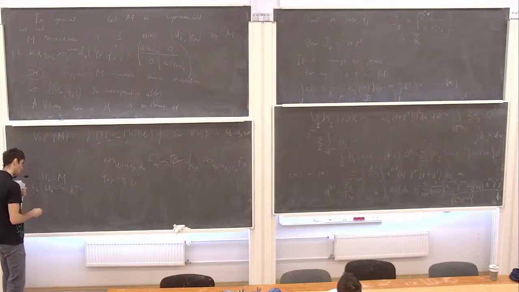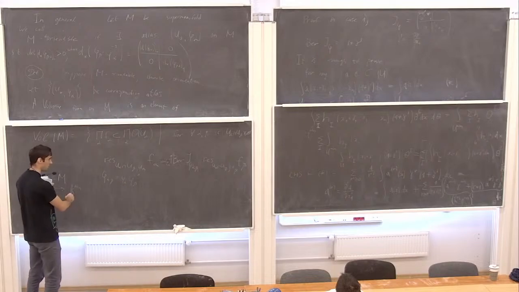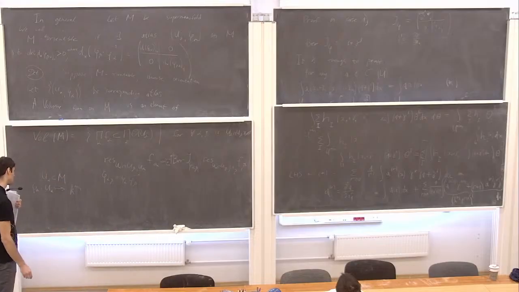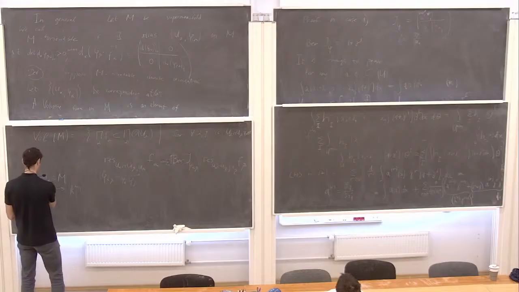Then indeed, this is a function on K^{m|n}, but I need a function on U, so that's why I need to pull back. So maybe my phi alpha beta should be not this one.